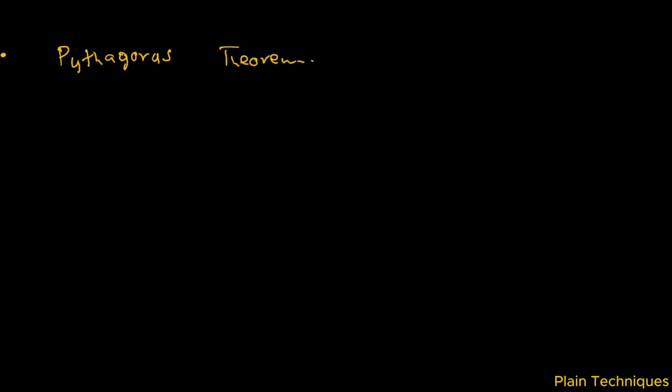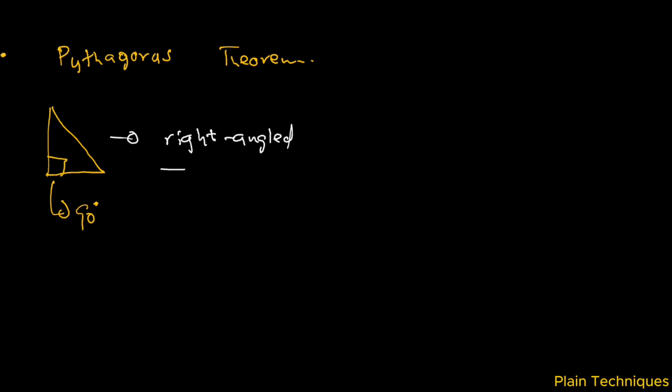Right. Now, when you have a triangle and at the bottom you see a square, that means this angle is equivalent to 90 degrees. It doesn't matter what these other angles are, but if one of the angles equals 90 degrees, that triangle is now referred to as a right-angled triangle.